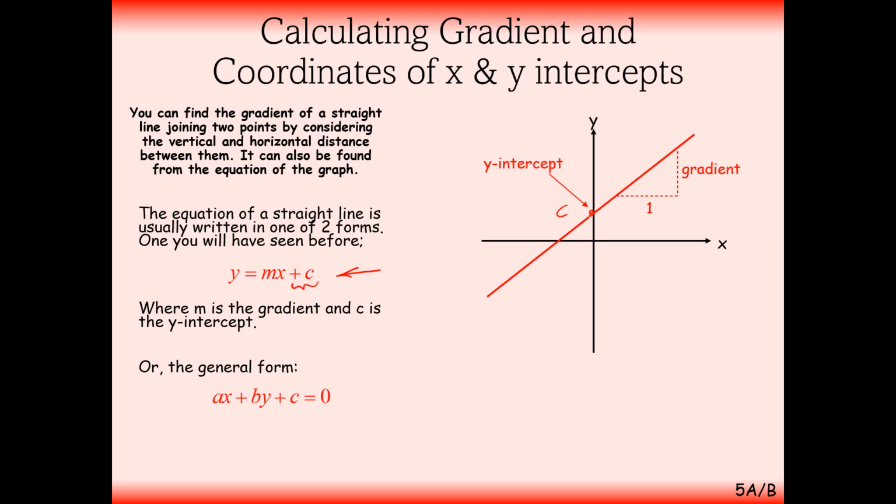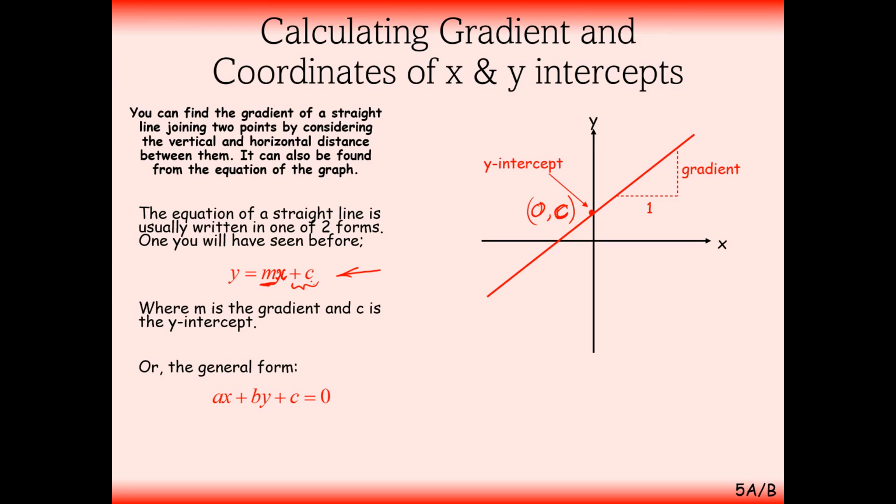So whatever the coordinate of x is, it's always 0 on the y-axis. You know that by now. So this x is 0, and this coordinate of y is the c value that we put here. Gradient is the m that we figured out in the previous slide. So you just multiply that by x, and that's the equation of a straight line.